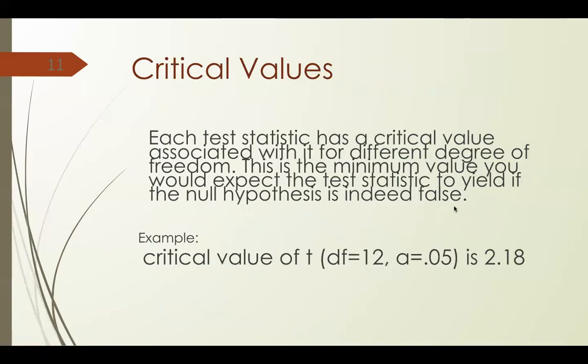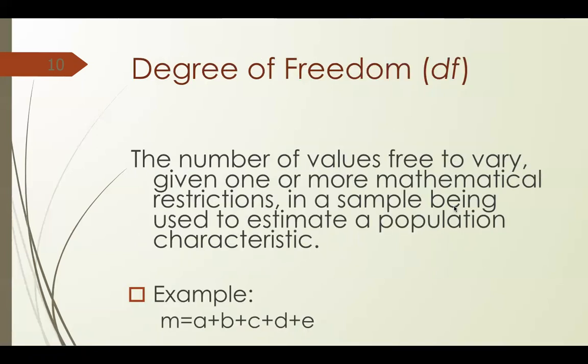Is degree of freedom always calculated by n-1? Not always, and we'll talk about how they vary later. It varies in different situations with different kinds of samples. But in general, it's usually n-1.